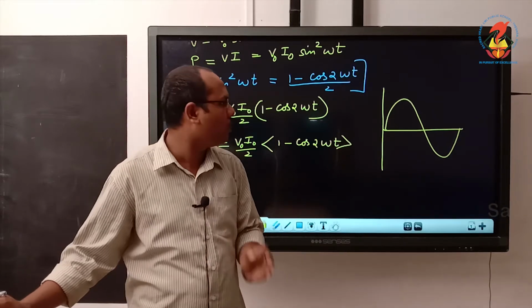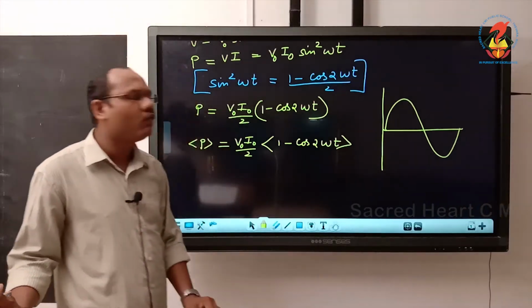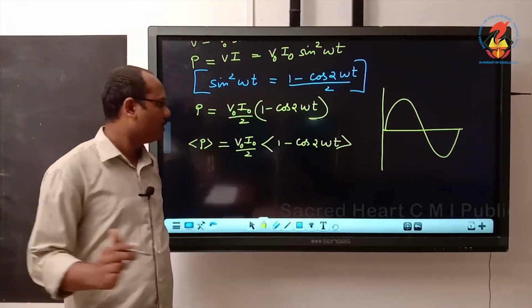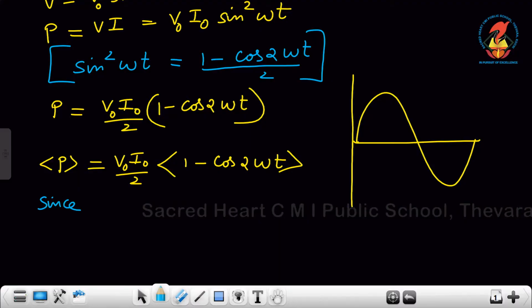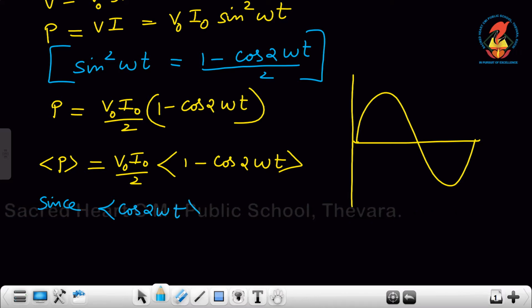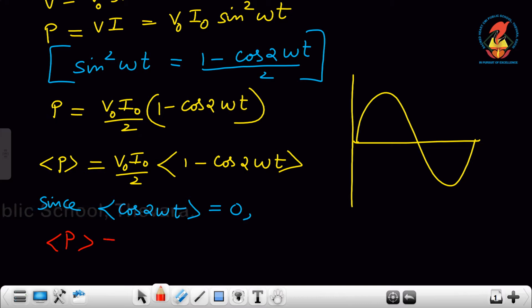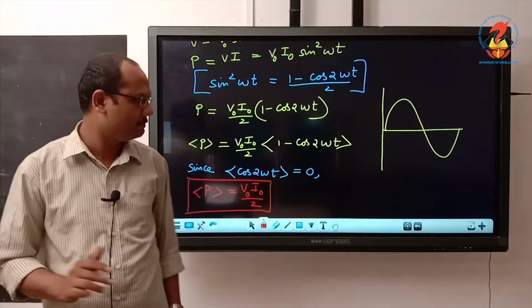So cos 2 omega t is time dependent, and its average value in one cycle is 0. Since the average value of cos 2 omega t is equal to 0, we get the average power equal to V0 I0 by 2.